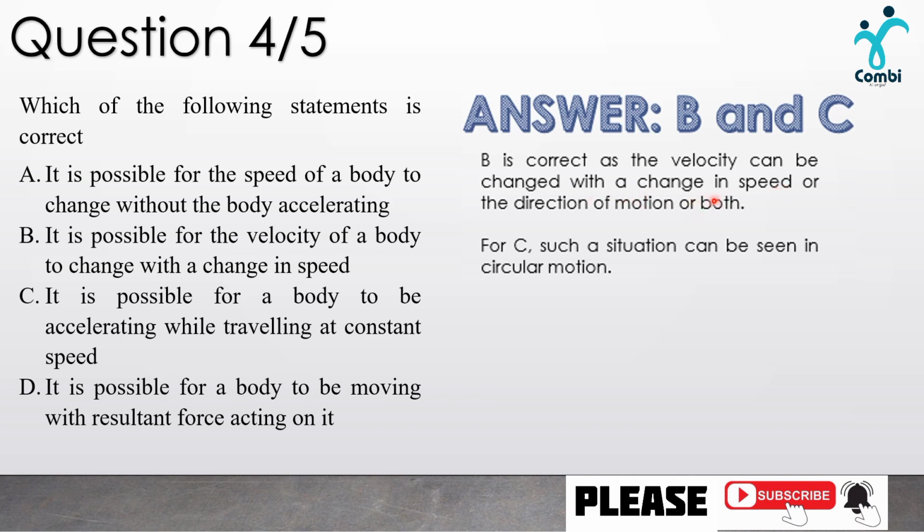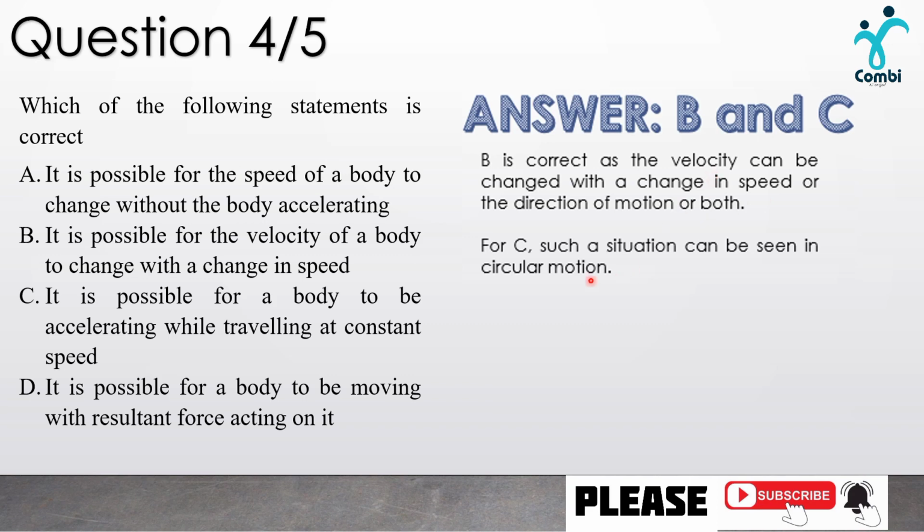Change in speed actually affects the change in velocity, in terms of it being a vector. That means it depends on the magnitude and also on the direction of motion, or both.